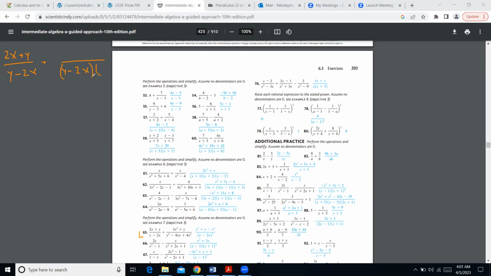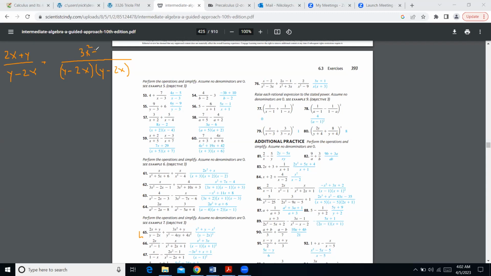And then, since you have y squared, you can use y for the first place. And then the last place is 4x squared. So I'm going to use minus 2x times minus 2x, which is going to be plus 4x squared. And on the top is 3x squared plus y. So I just keep it the way it is.